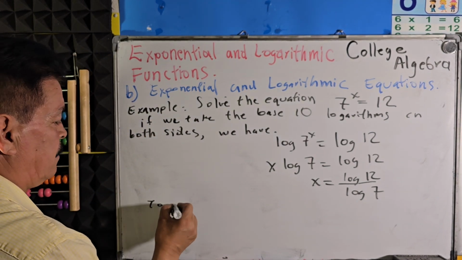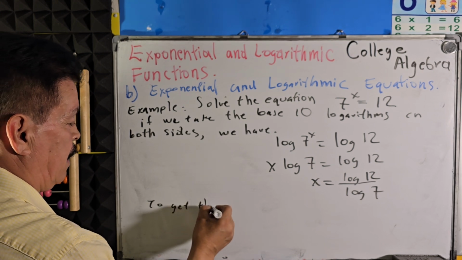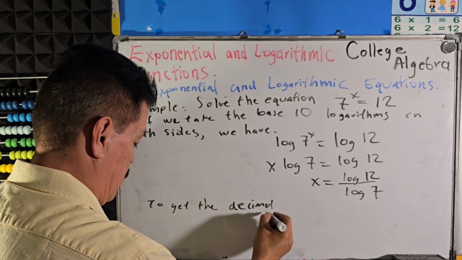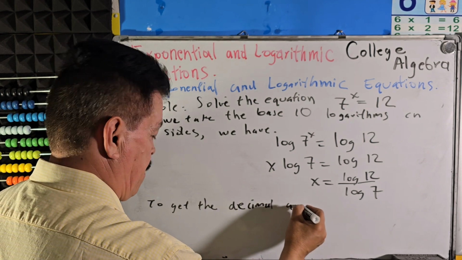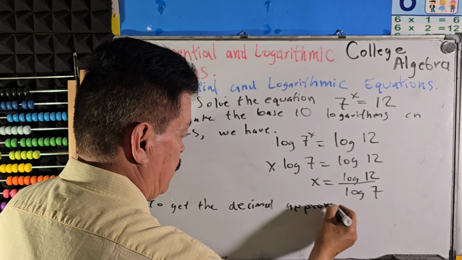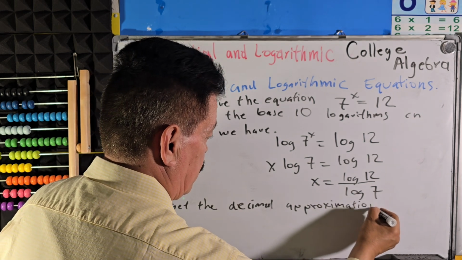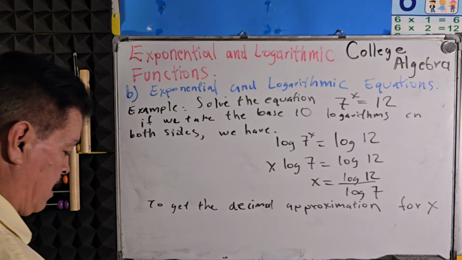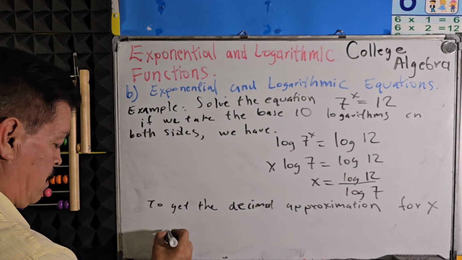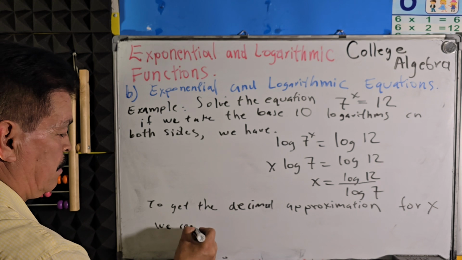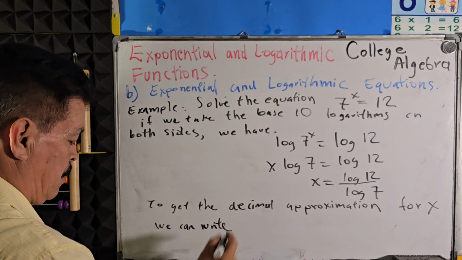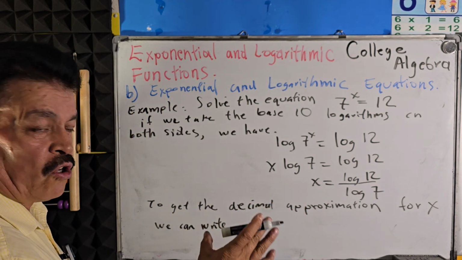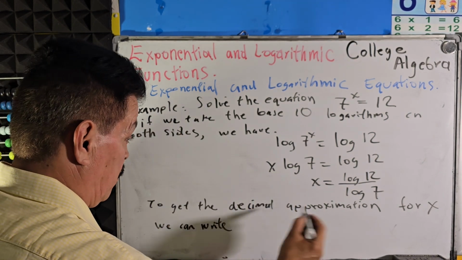So now to get the decimal, we can write, so here, it's also not exact, but it's the closest.